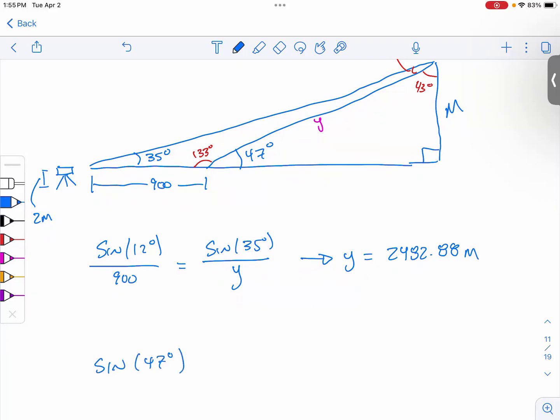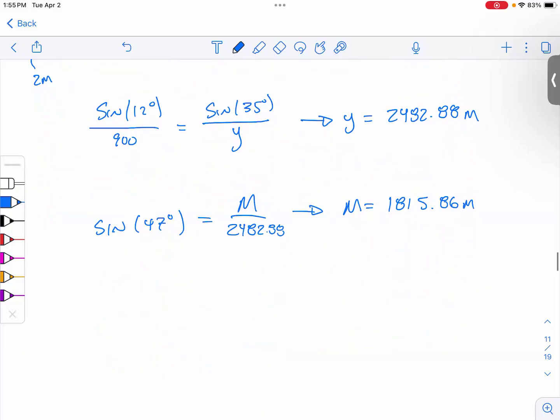Sine of 47 degrees equals opposite m all over y, which I have a number for, 2482.88, which gives me m equals 1815.86. And then one last little note. m equals 1815.86 plus 2.